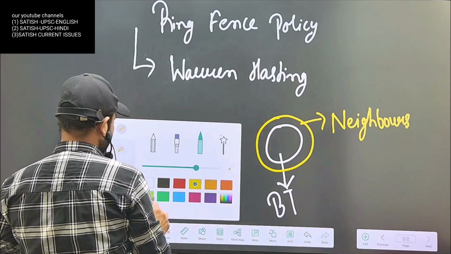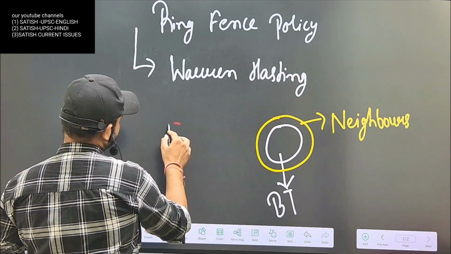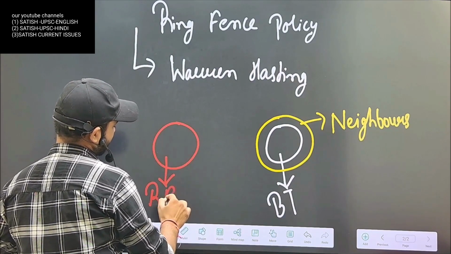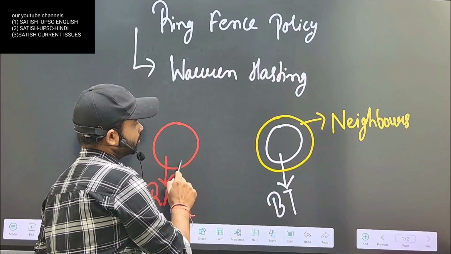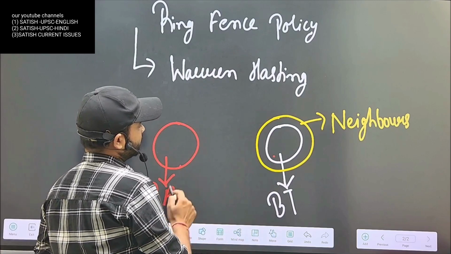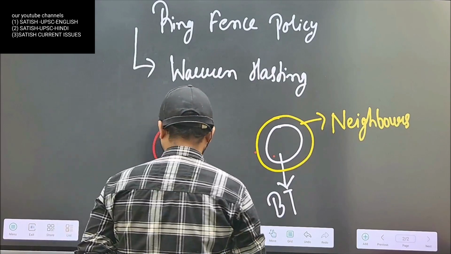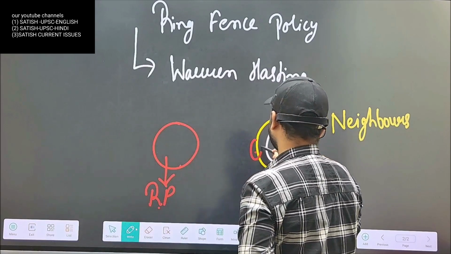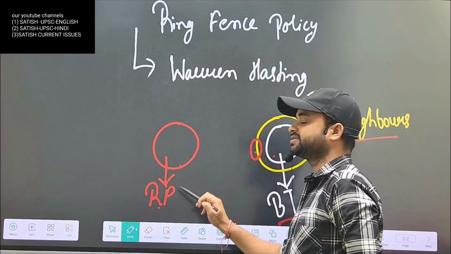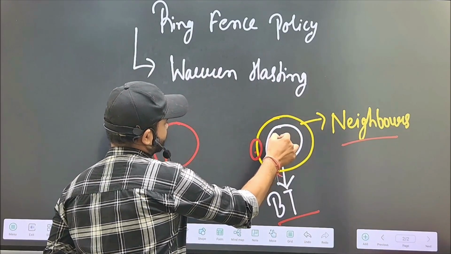Because if it is another regional power, and this regional power wants to attack on British territory, so firstly this regional power will have to attack on neighbors, and in territory of neighbors, neighbors army and British company army will fight against this regional power, which will make safe British territory.